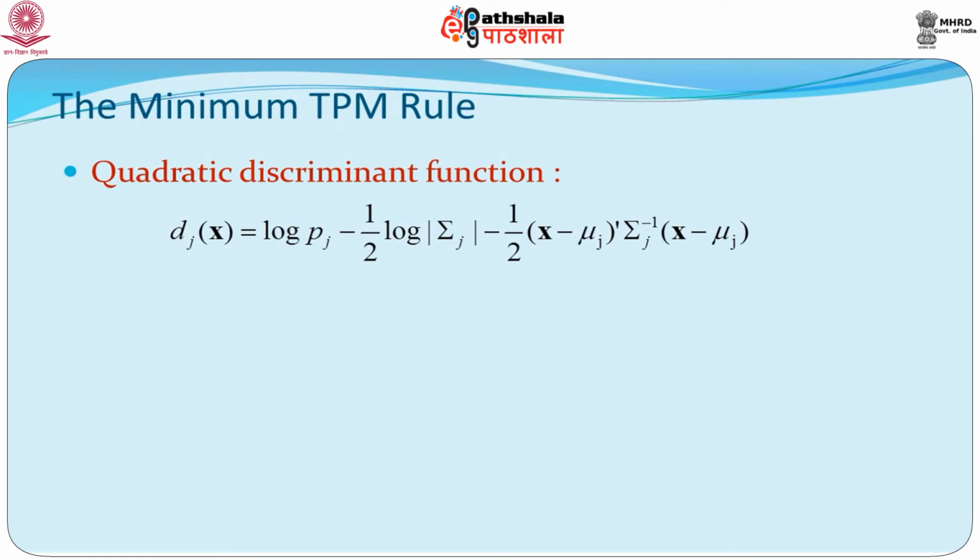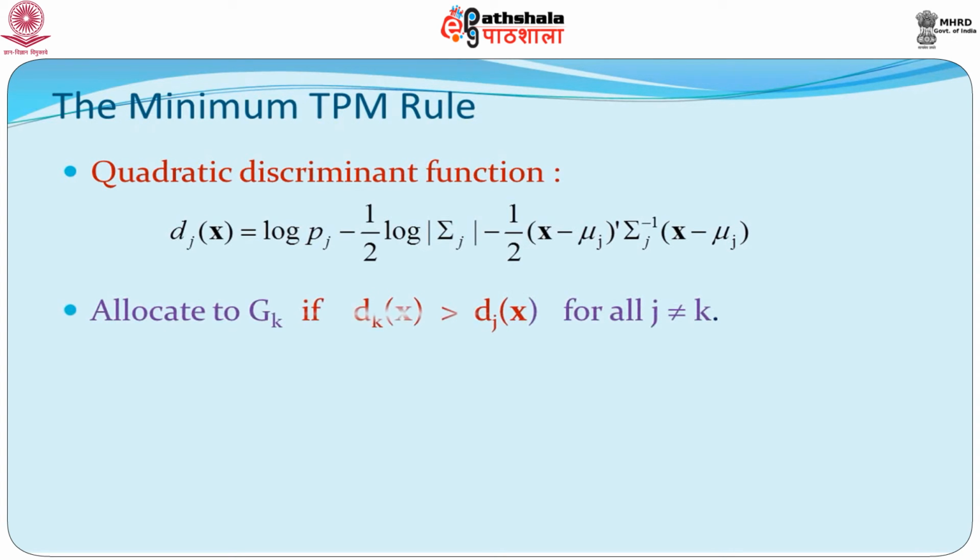You can see that this function is a quadratic function in x, and therefore, we call it a quadratic discriminant function. And then as before, we allocate to the kth class if dk(x) is greater than dj(x) for all j not equal to k. So, that would be the minimum TPM rule.